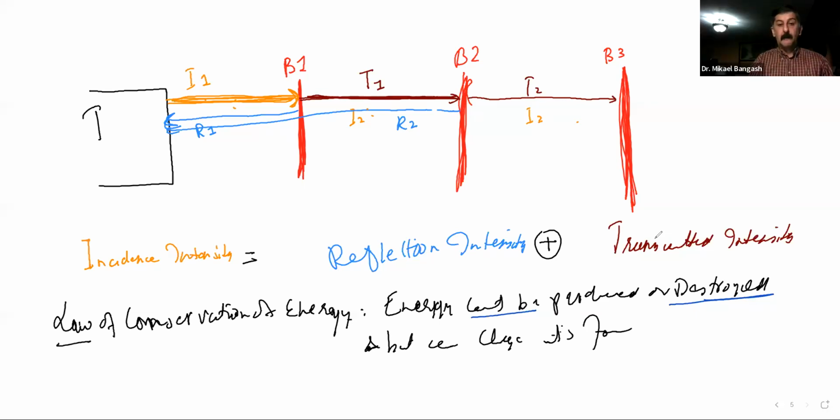Okay, so what did that tell us? That our energy is not destroyed. It's not that it's disappeared out in the blue sky. Clear?